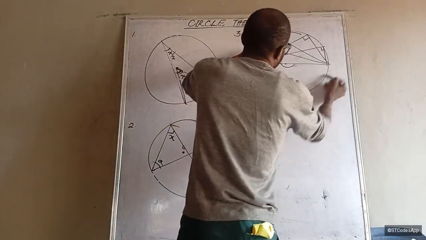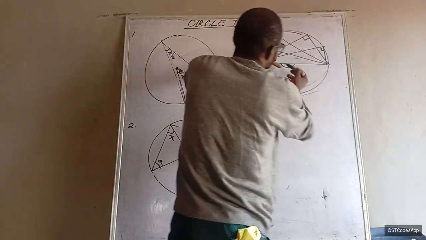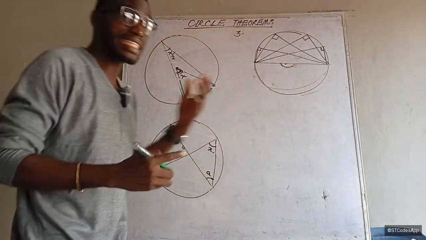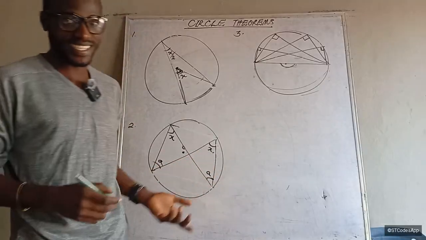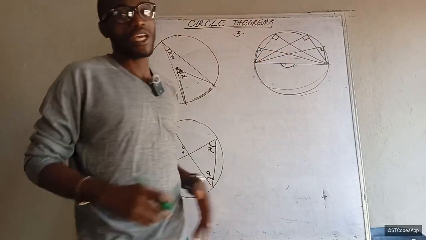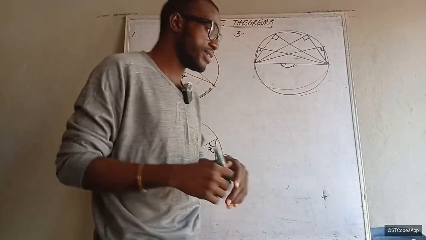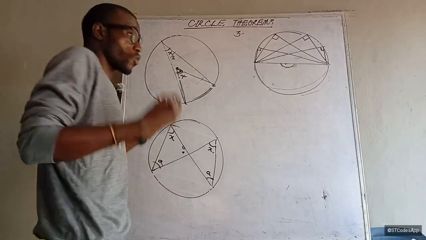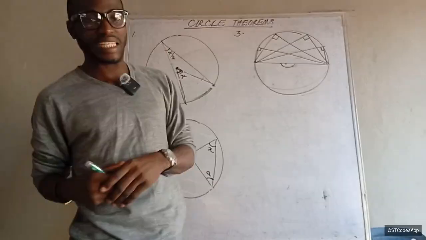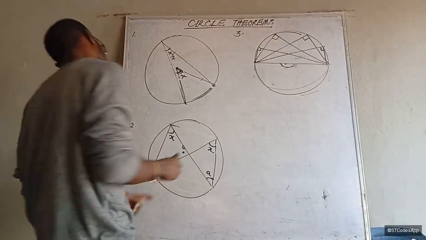It's this same arc that is making this angle here, so it will be half, which is 90 degrees. Do you understand now? So the angle in a semicircle is what? 90 degrees. Or you say the angle subtended at the circumference in a semicircle is 90 degrees.